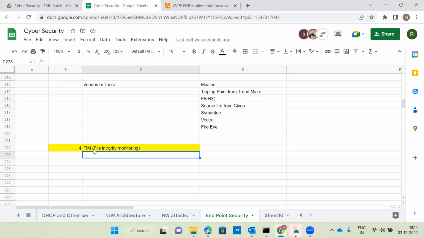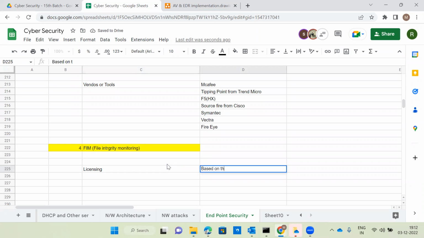That's why we have to monitor all the files. It's very, very important. So what is the licensing option here? Same concept: based on the number of endpoints.